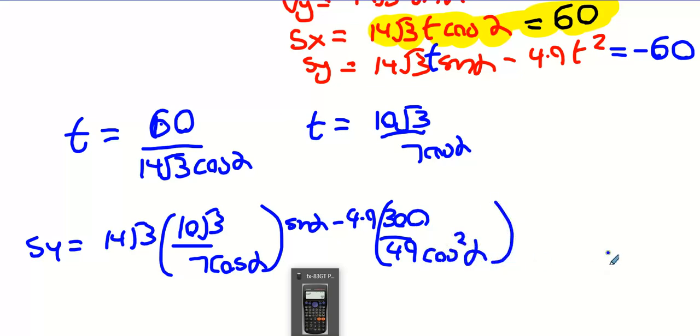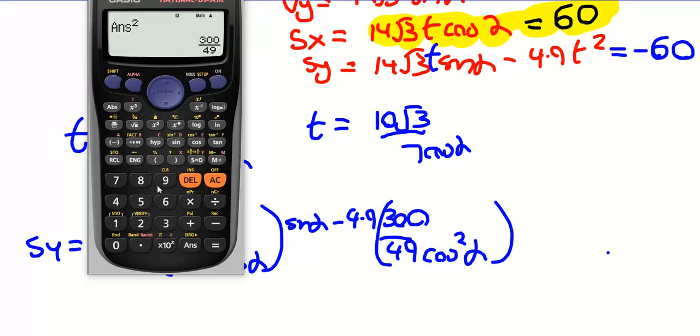Okay, who got that more or less? Now, what happens to the 4.9 and the 49? I think we're going to interact them together, and what will happen? 4.9 multiplied by 300 over 49, that's 30.